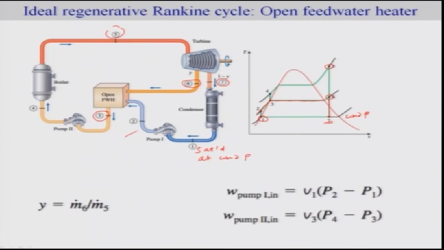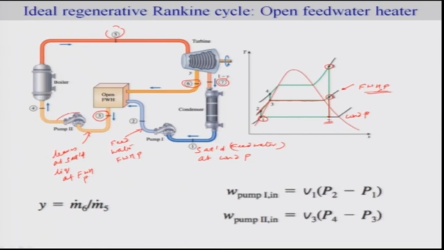We can also call this feed water at FWH pressure. This mixes, and what you get leaves as a saturated liquid at FWH pressure. So the pressure is now higher; this would be your FWH pressure.